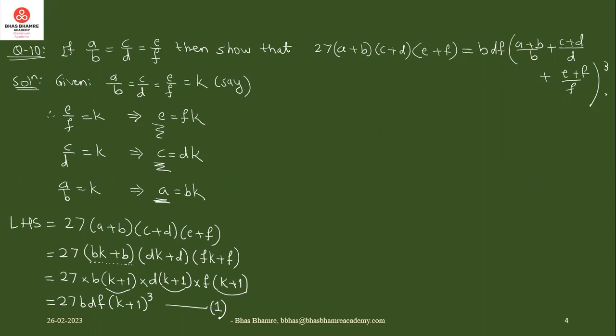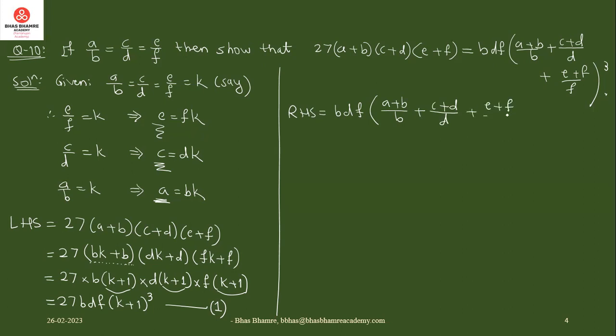Now go for RHS. Our RHS is BDF into bracket A plus B upon B plus C plus D upon D plus E plus F upon F whole cube.